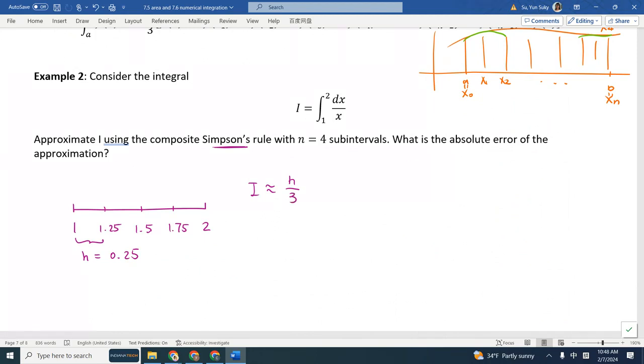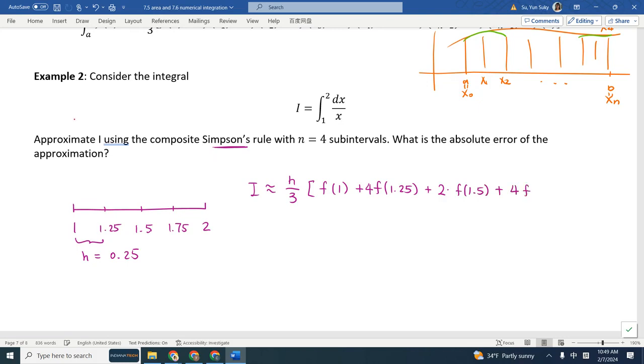Then we have the left endpoint, 1 copy. And then the next point, 4 copies, so f of 1.25, 4 copies. And the next point, how many copies? 2 copies, f of 1.5. And the next point? 4.